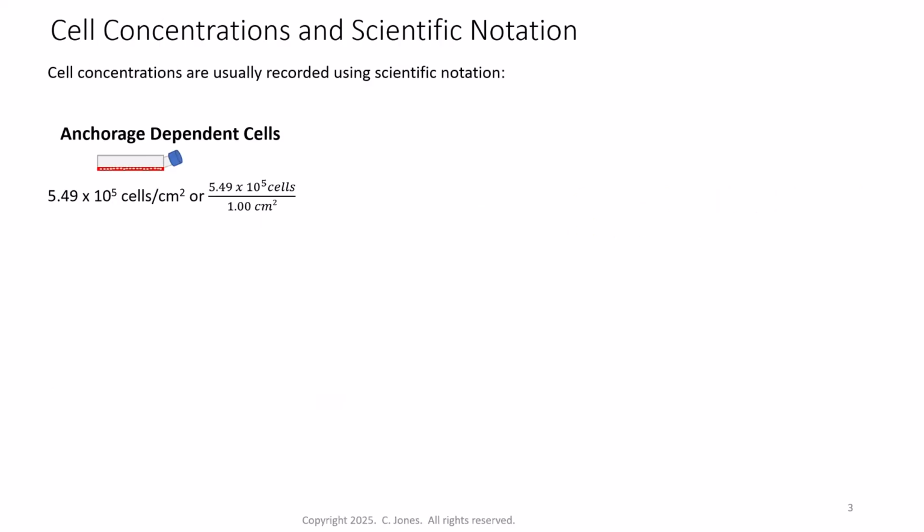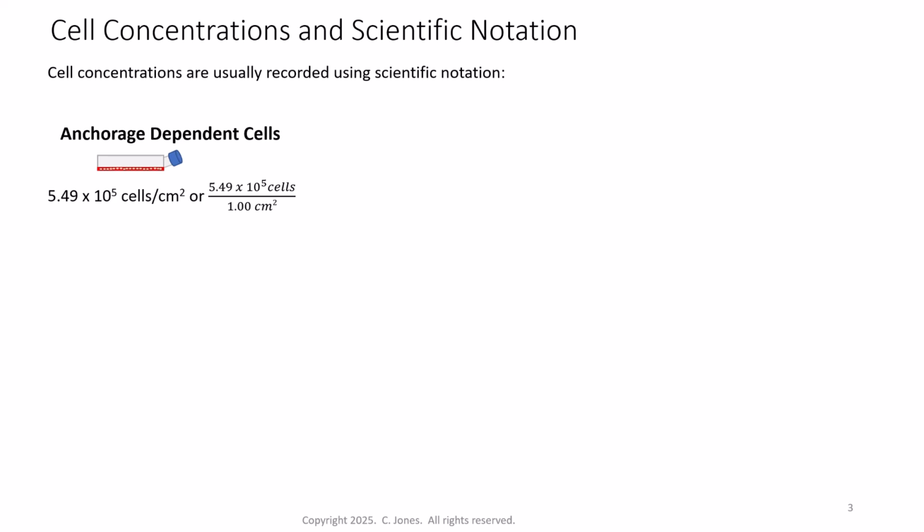So just to get our brains in gear, when we talk about cell densities or cell concentrations, these can be fairly large numbers. So cell concentrations are usually reported using scientific notation. An example here could be anchorage-dependent cells, and a typical number for anchorage-dependent cells may be 5.49 times 10 to the 5th cells per centimeter squared.